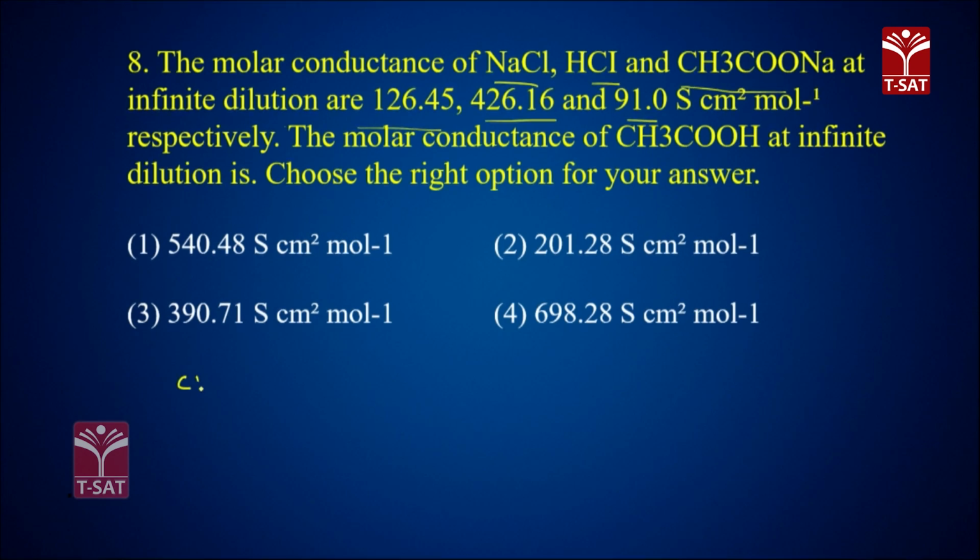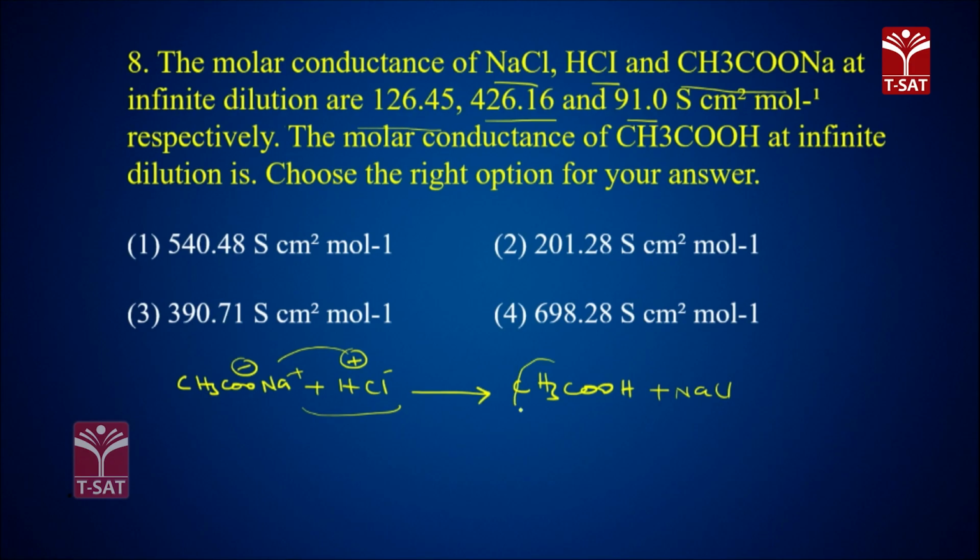You have the molar conductance of CH3COONa, and of hydrogen chloride. If you react these two, CH3COO minus and H plus will combine and form CH3COOH, acetic acid. And Na plus and Cl minus will in turn combine and form NaCl.